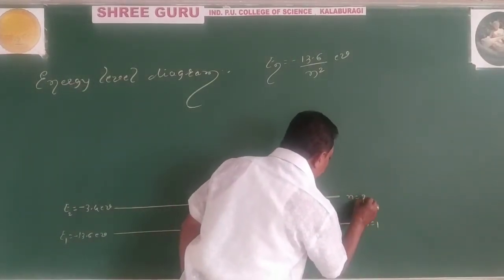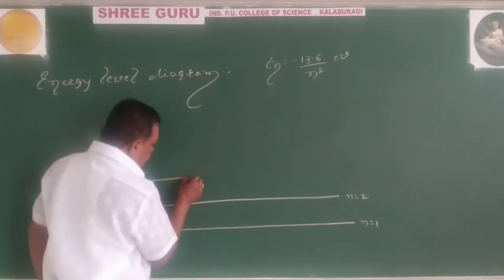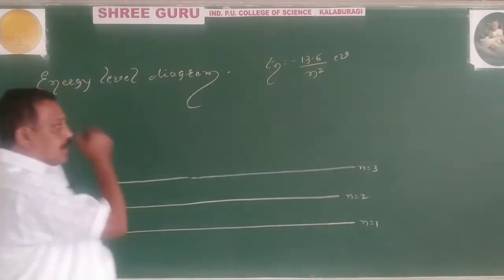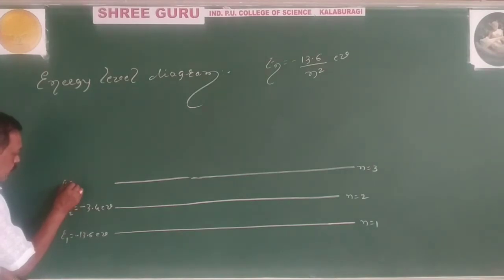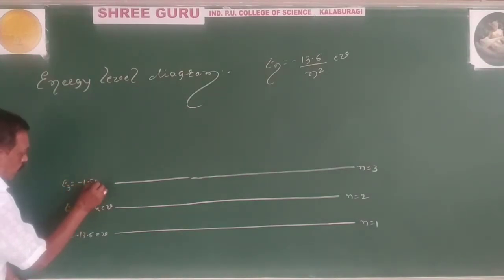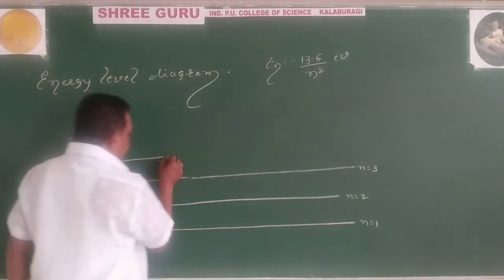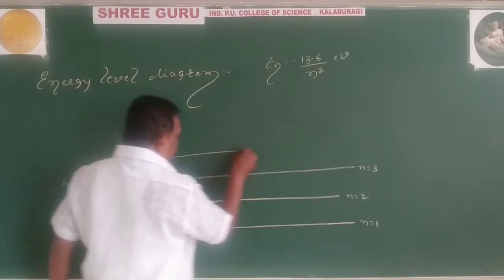n equals to 2. Then I go for the third orbital state, n equals to 3. So minus 13.6 divided by 3 square, 9. So E3 is equal to minus 1.51 electron volt. So n equals to 1, 2, 3. This is n equals to 4.